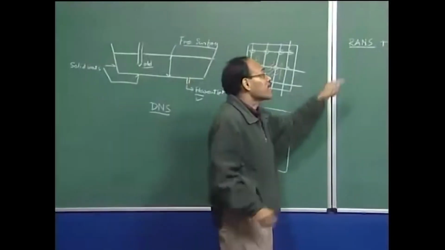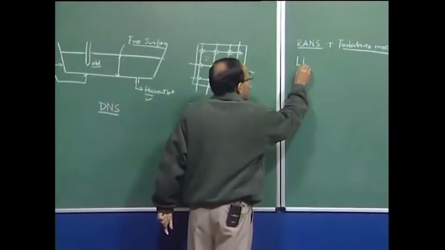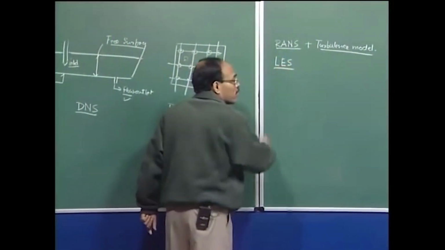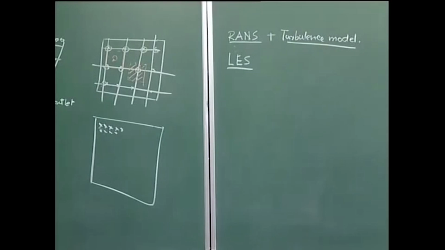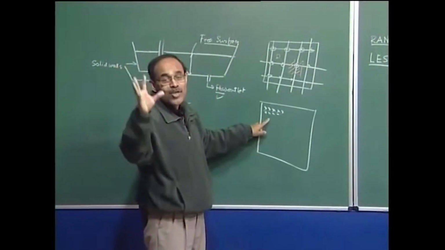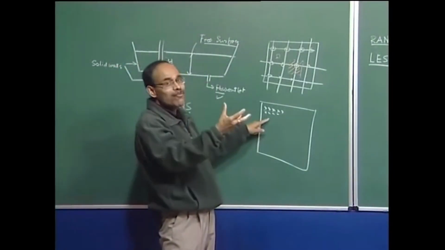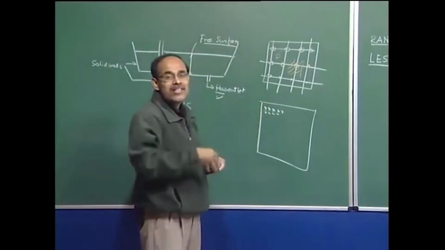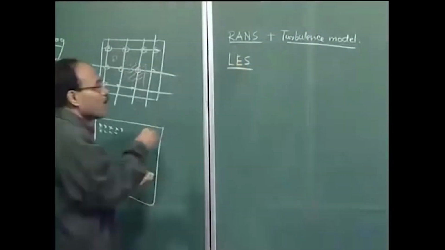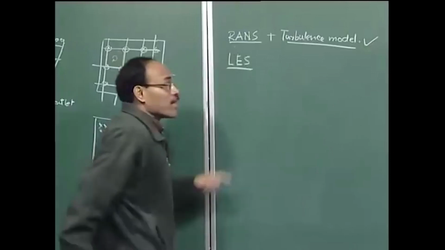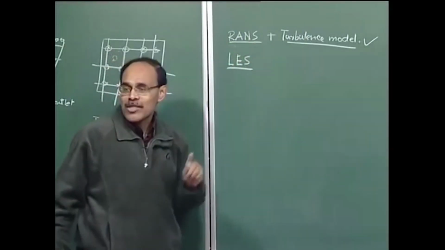For example, there is a technique called LES, large eddy simulation. Just for your information, I am giving you the name, but the point that I try to make is that the Navier-Stokes equation with an extremely fine grid is still not a possibility for addressing all steel making problems. So, we look at an alternative way of predicting the flow in a steel making reactor, and the most commonly used approach is the Reynolds averaged Navier-Stokes plus a turbulence model.